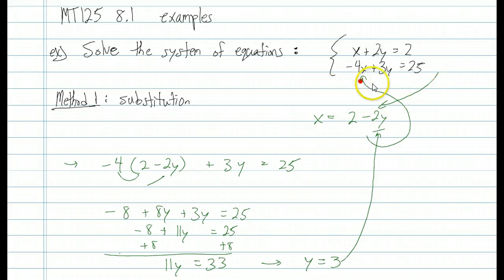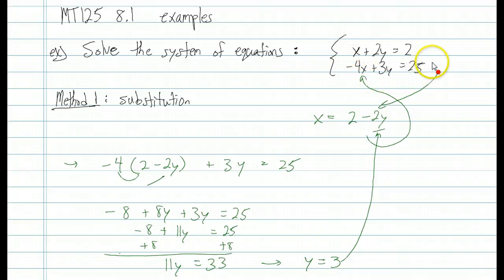For instance, looking at this system, we see we've got a negative 4x here and an x. Well, if this was really a 4x here, then we would have 4x plus negative 4x, which would cancel out to give us 0. So that's the idea. We're going to multiply the first equation by positive 4 to make the coefficients of x opposite to one another to get them to drop out.